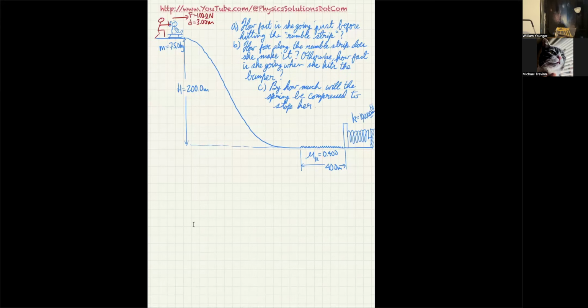Again, of course, that assumes that the first part of B wasn't the case because the first part of B was imagining that she came to a complete stop in the frictionful area before she got the full 40 meters. So that's what we're going to do. So now let me show you how we're going to do all this.